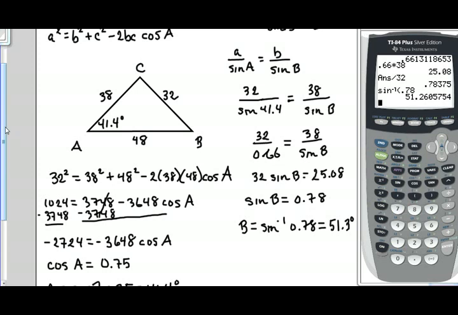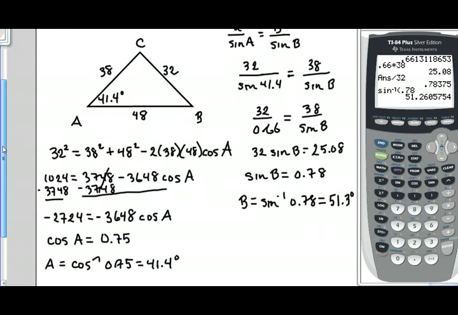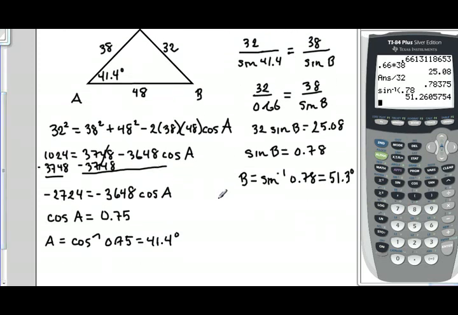All right, now we have two angles of the triangle, and of course, recall to get the third angle of the triangle, we're looking for angle C. All three angles add up to 180, so the third angle will be 180 minus 41.4 minus 51.3.